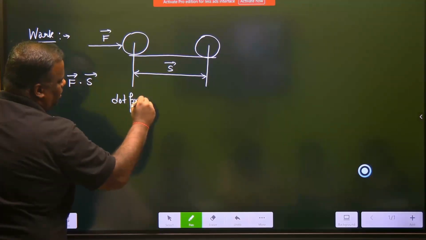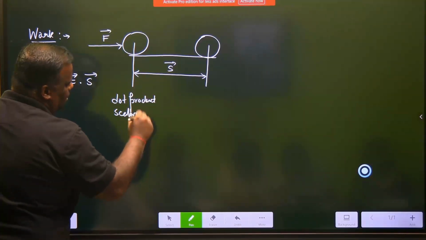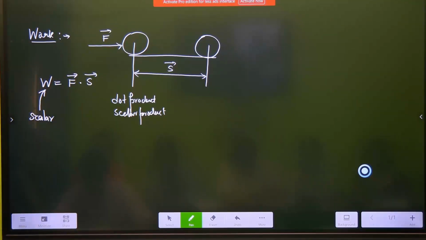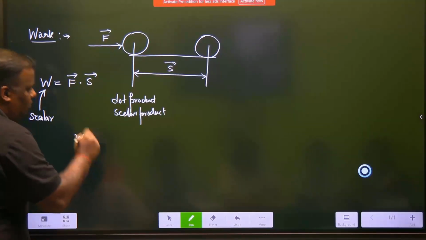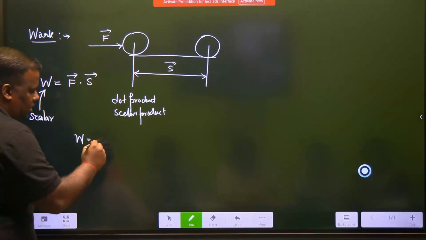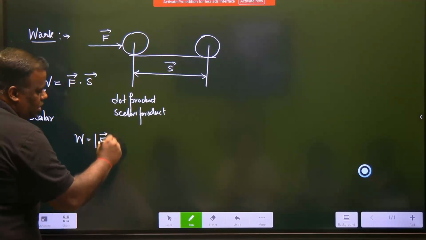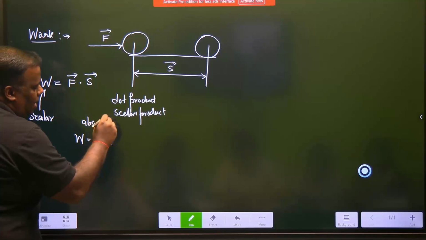This product is known as dot product, or we also call it scalar product. Somebody will now ask, sir, this is a vector multiplication, can you simplify it for us? Whenever you do a dot product of two vectors, the actual product is the modulus, which also stands for absolute value.